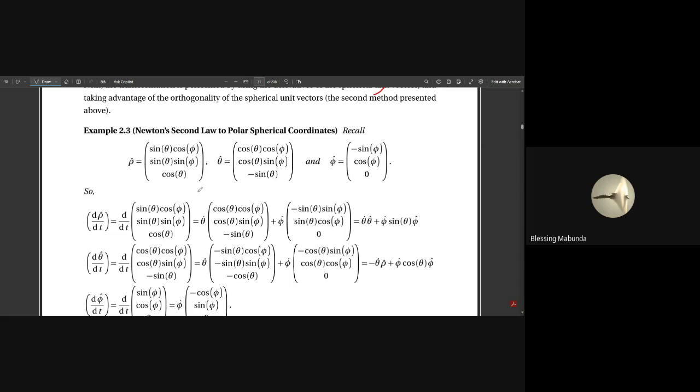So what you usually have is R, right, so you have X, Y, and Z, and this will be your R cosine theta, R sine theta, and this will simply be your Z like that.